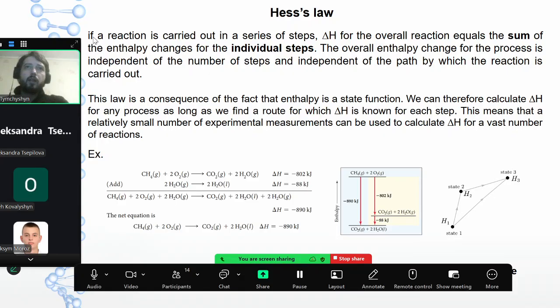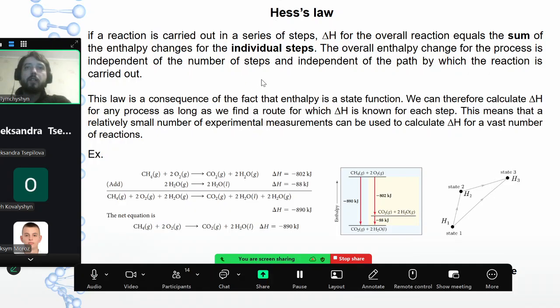The fact that the enthalpy does not depend on the path of the system means that we can calculate the difference in enthalpy only knowing where we started, so what were the initial reactants mixed into that beaker, and what is the final state. Whatever happened in between doesn't really matter. When we are in the final state, we know the enthalpy and we can calculate that difference. It is meaningful.